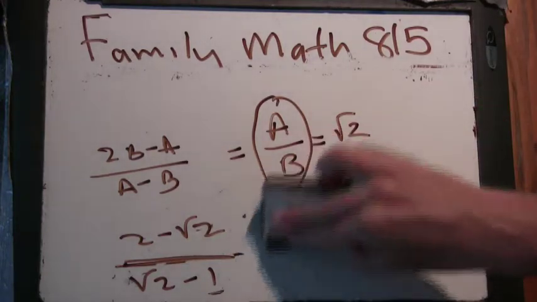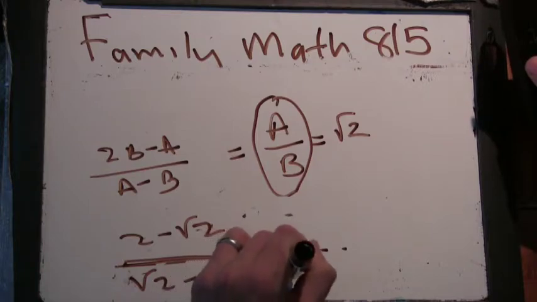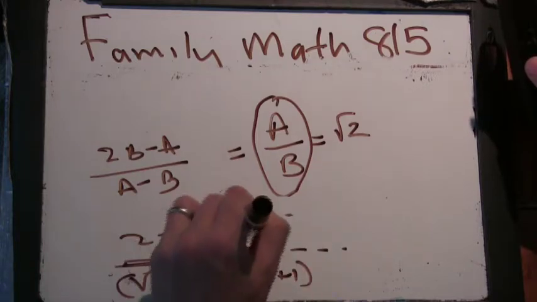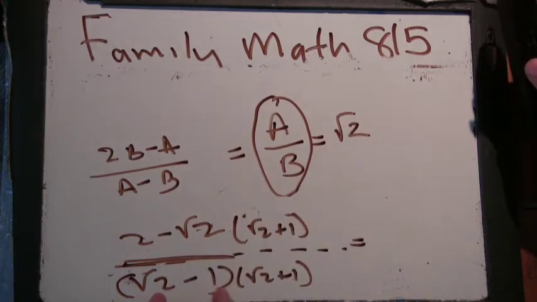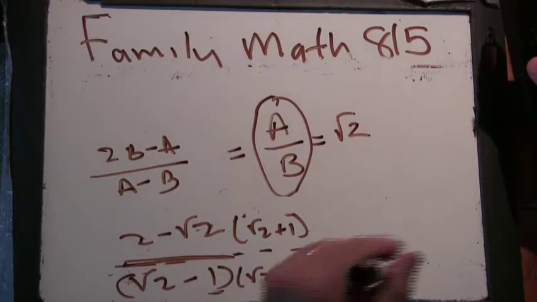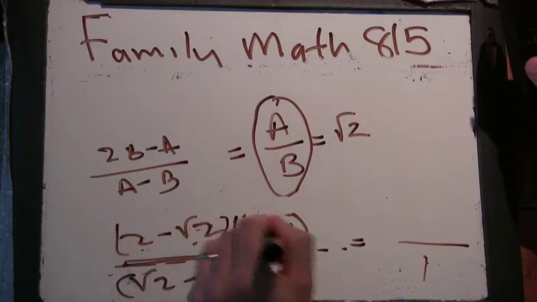Okay, so if I multiply by root 2 plus 1, like he did, on the bottom I get a difference of squares. So I square this, root 2 squared, which is 2, minus 1. So on the bottom I get 1. And on the top, do you know how to multiply this out? 2 minus root 2 times root 2 plus 1?